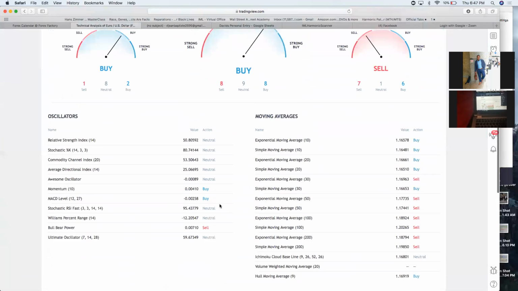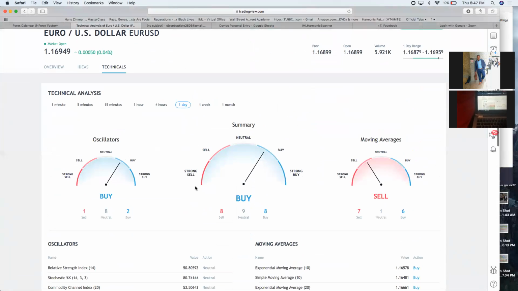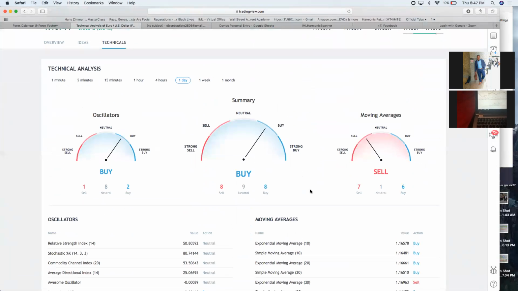What the technicals do, these are all the indicators, and it gives you a median of what the market is going to do, right? This is definitely something that I have used in the past.